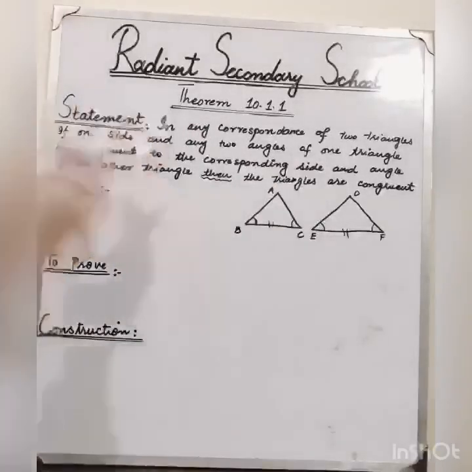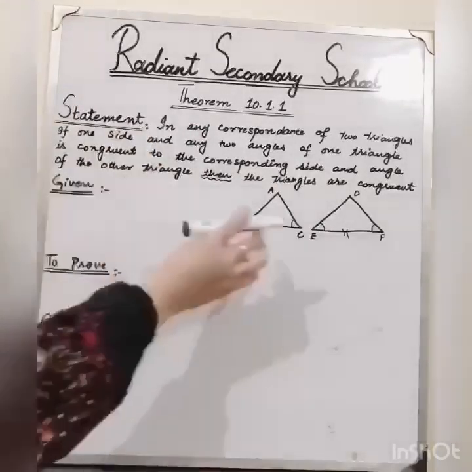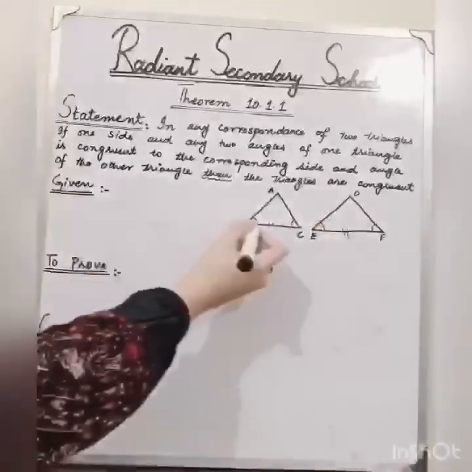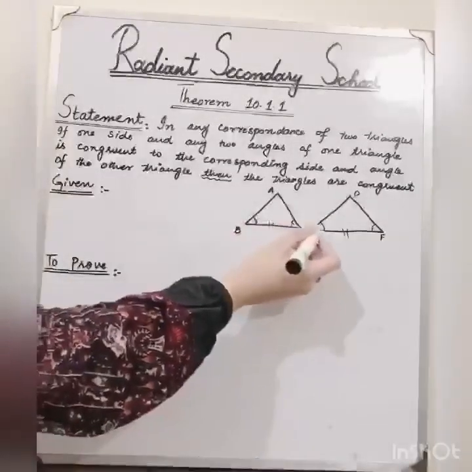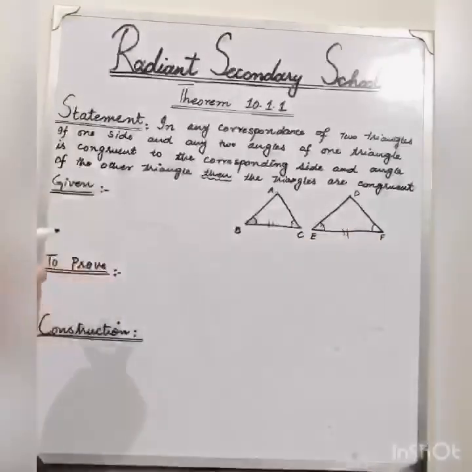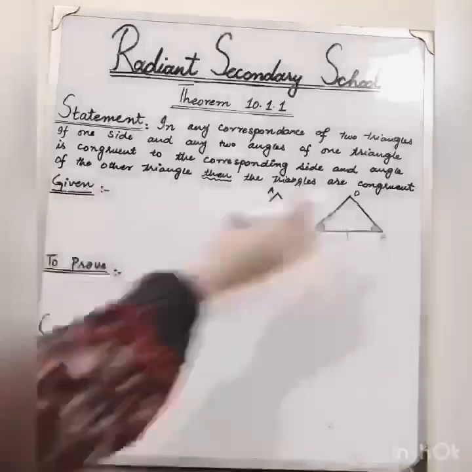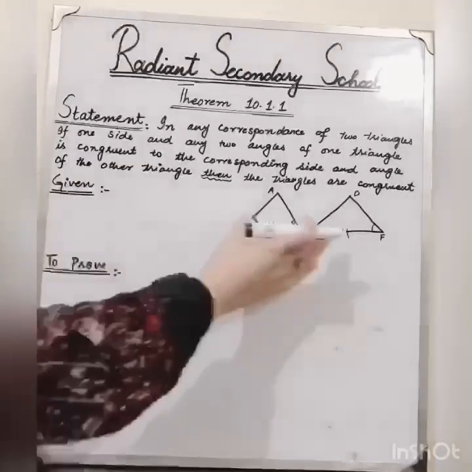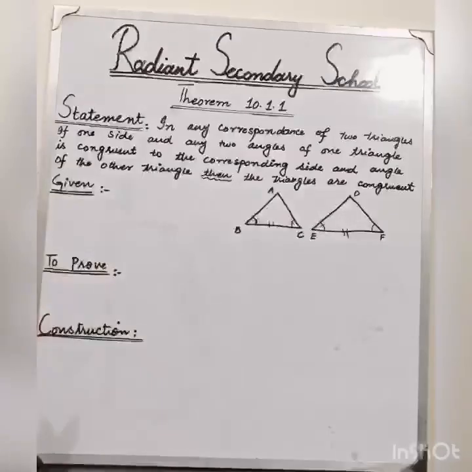So the summary of this statement is that if two angles and one side of one triangle are congruent to the two angles and one side of other triangle, then you have to prove that these two triangles are congruent.